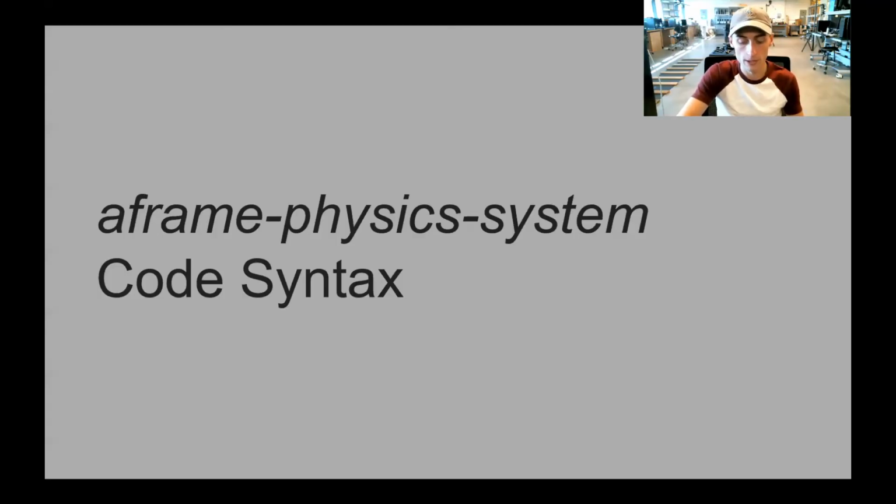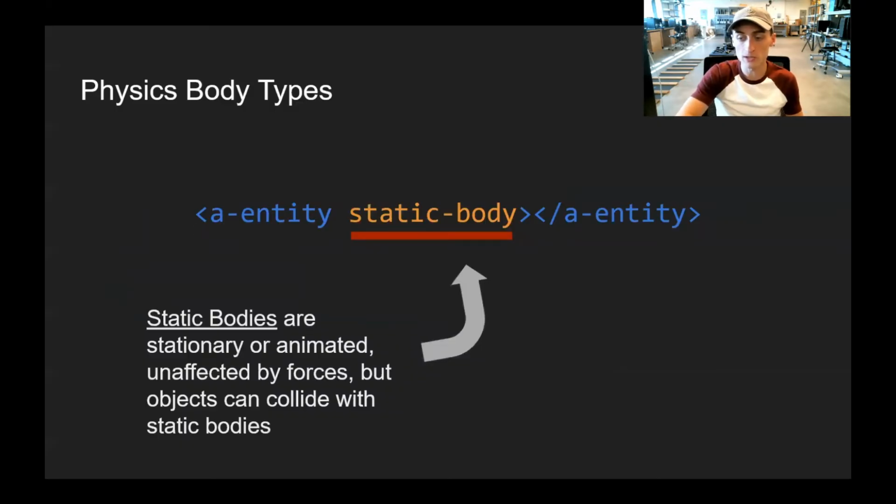All right, so the Ammo code syntax and the A-frame physics system code syntax alone are going to be a little bit different, but mostly there are a lot of similarities. If we're just using the A-frame physics system alone, we have things like a static body and a dynamic body. The one thing to note right off the bat is there's no such thing as a kinematic body anymore. Static bodies are stationary or animated. And if you remember from the first video, static bodies were the ones that are unaffected by forces.